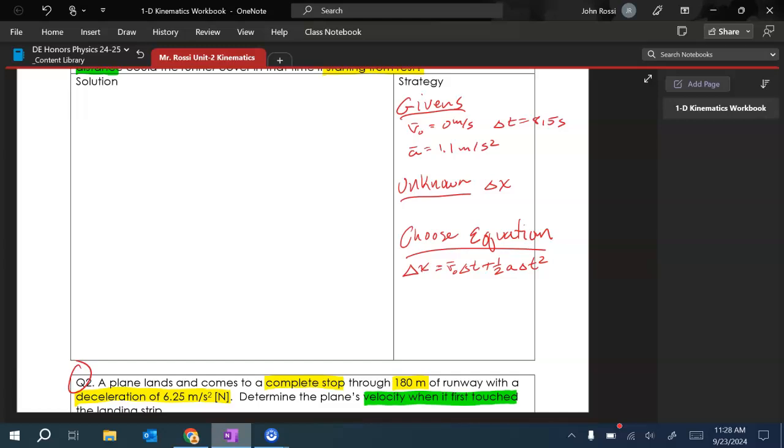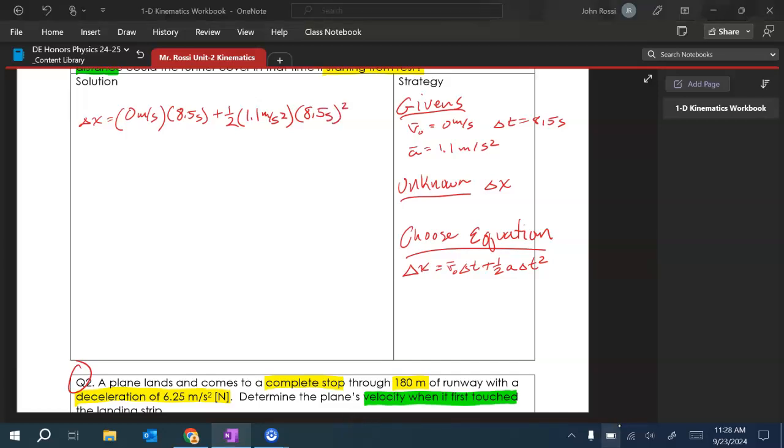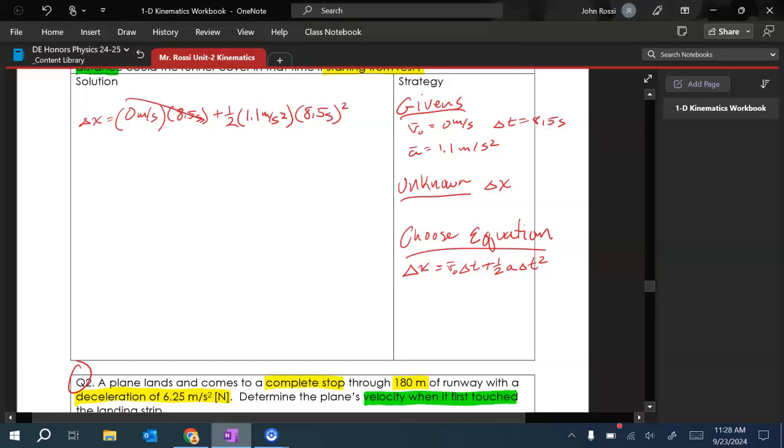If I substitute, delta x is going to be equal to 0 meters per second times 8.5 seconds, plus 1/2 times 1.1 meters per second squared times 8.5 seconds squared. Here's the fun thing: the whole first half just gets deleted into oblivion because the initial velocity is 0.